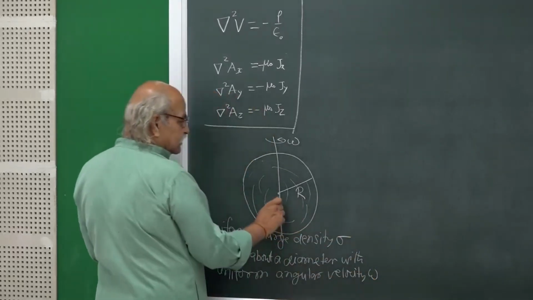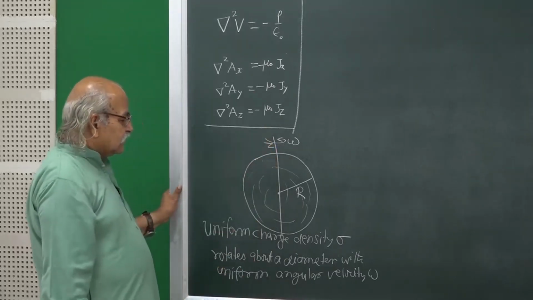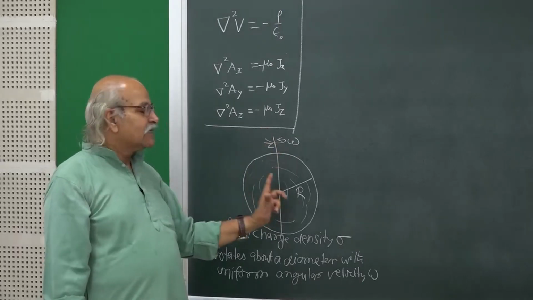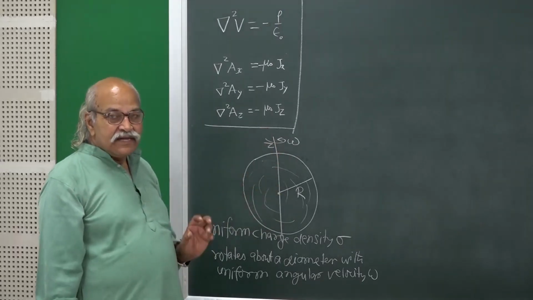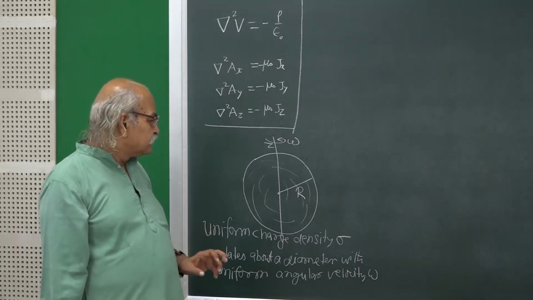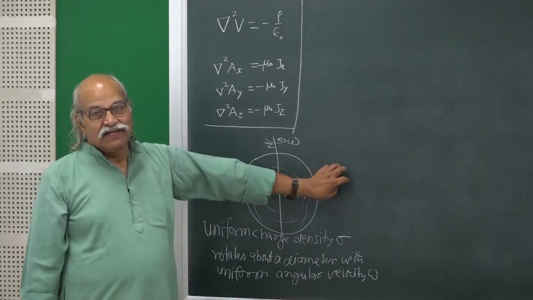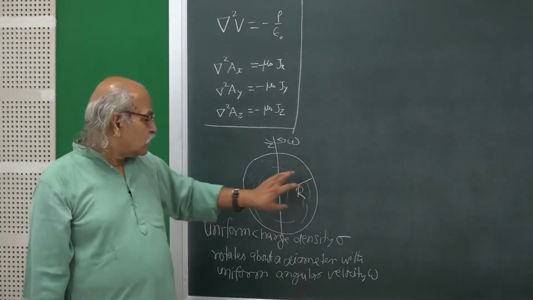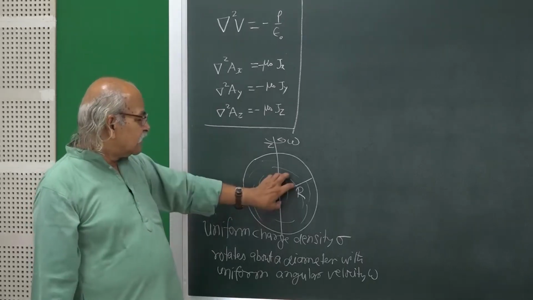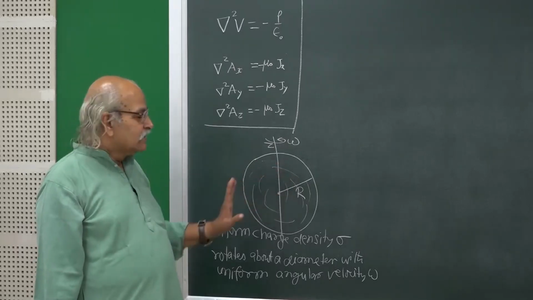The direction is this diameter, and you can take it as the z axis. So, this is the rotation axis, and the whole thing is rotating with omega, and you are asked to know the magnetic field inside and magnetic field outside. So, we will first solve the magnetic field inside, we will get the vector potential inside, and then curl of A, from there we will get that B. So, that is the game.